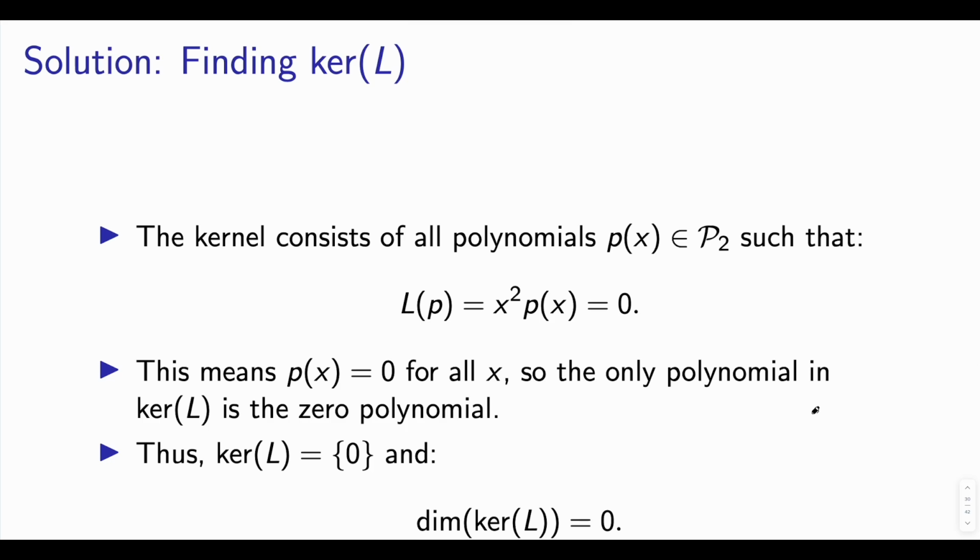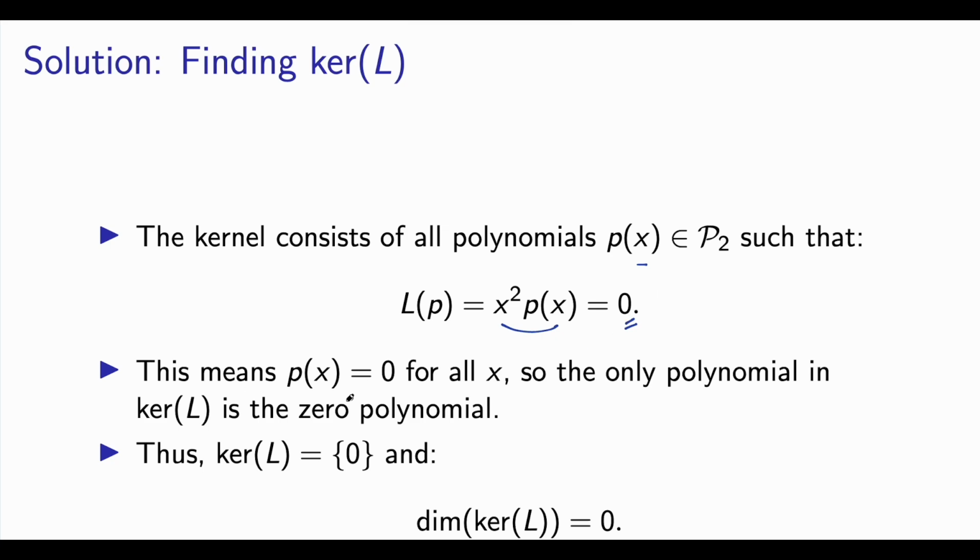So finding the kernel. The kernel consists of all polynomials P which belong to P2 such that L of P equals x squared times P(x), and that maps to the zero vector, right? Because it belongs to the kernel.